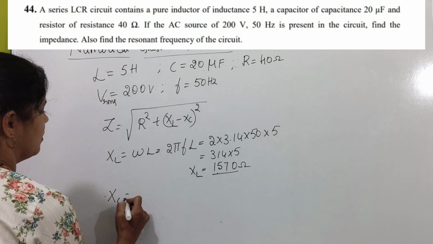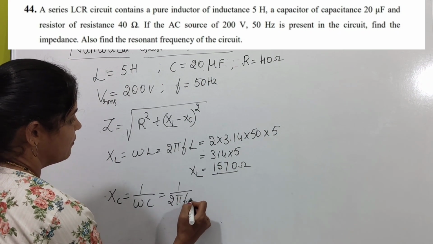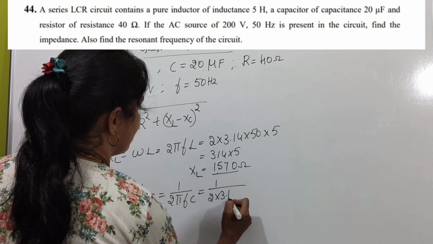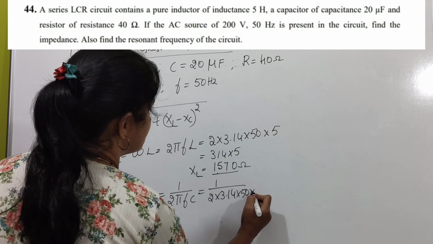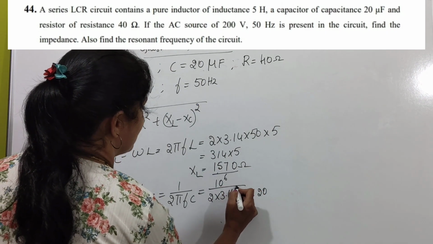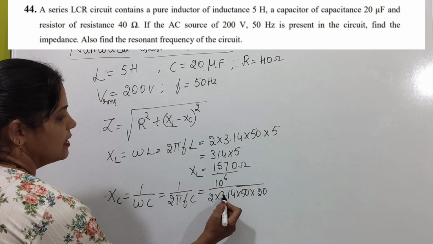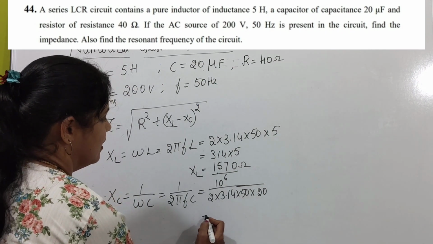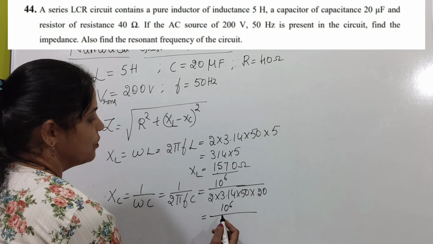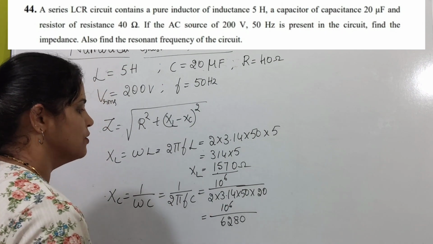Next, XC is equal to 1 by omega C, which is 1 by 2 pi f C. So 1 divided by 2 pi, where pi is 3.14, f is 50, C is 20 micro, 10 to the power minus 6. When it comes to the numerator, it becomes plus 6. Once again, 2 into 50 is 100, so 314 into 20 is 6280.